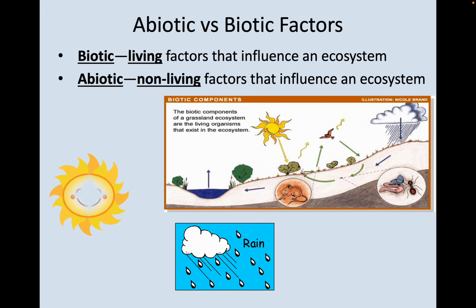So an example of biotic could be the plants growing, could be the mouse, could be the ant. And for abiotic, we could be talking about the sun being out, the clouds, the rain, stuff that's not living, the lakes and rivers and oceans, those would all be abiotic factors.